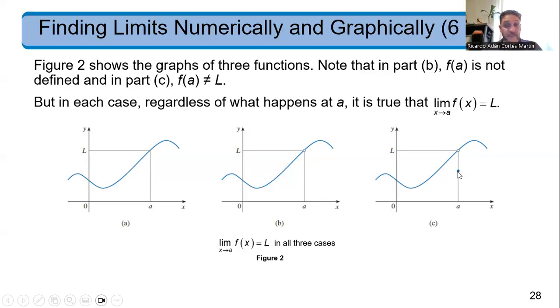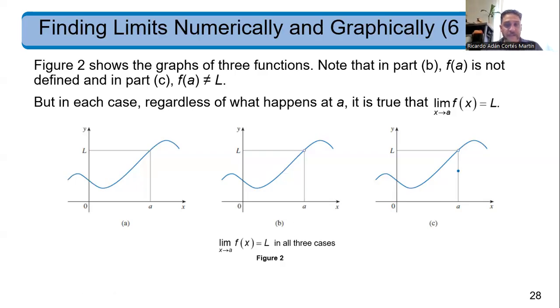So the function is defined on A, but the value is far away from the curve. So in all three cases, the values of f are different, and in one of them, it's not even defined, okay?